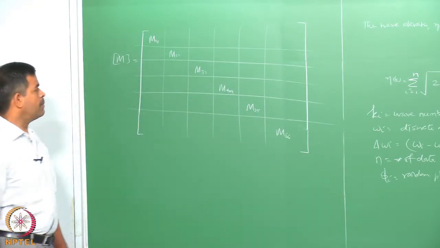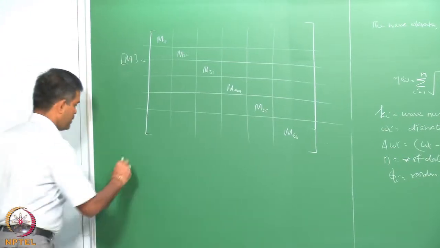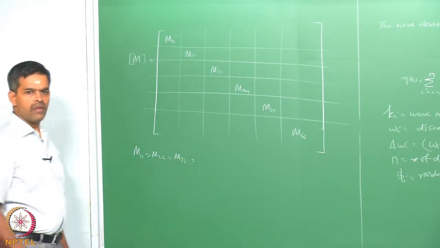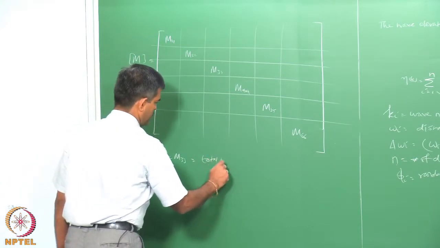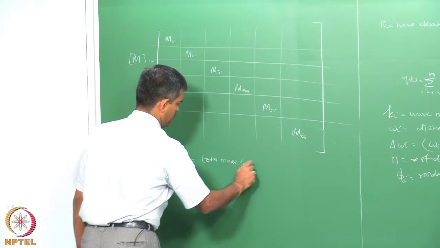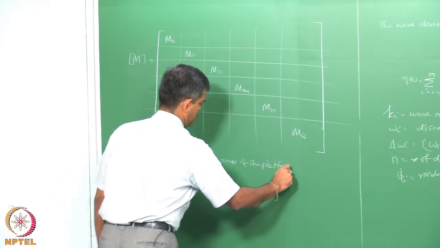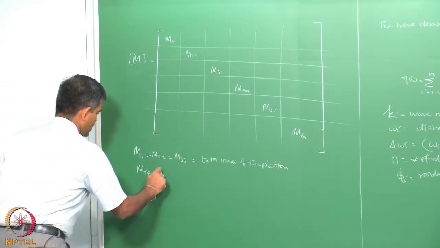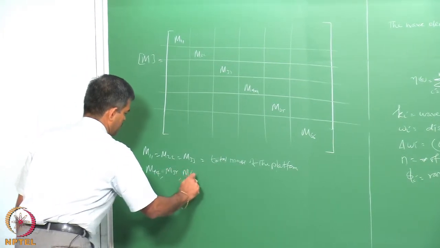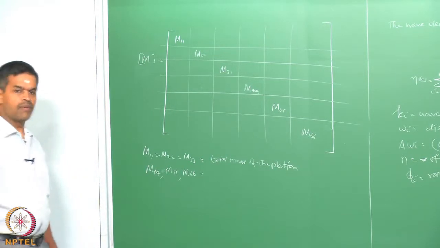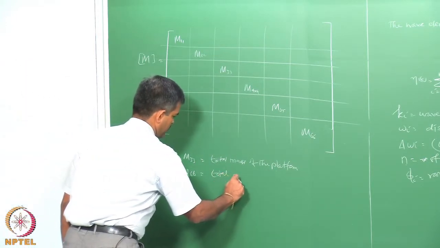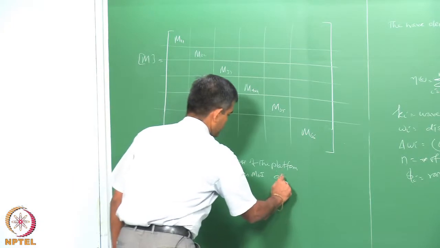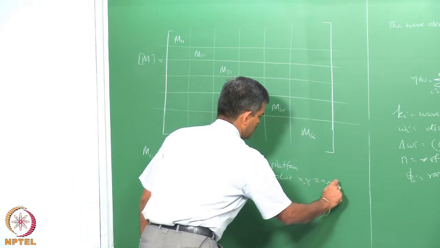These are essentially the lumped mass at respective degrees of freedom, where M11, M22 and M33 is the total mass of the platform, whereas M44, M55 and M66 are actually the total mass moment of inertia about x, y and z axis respectively.